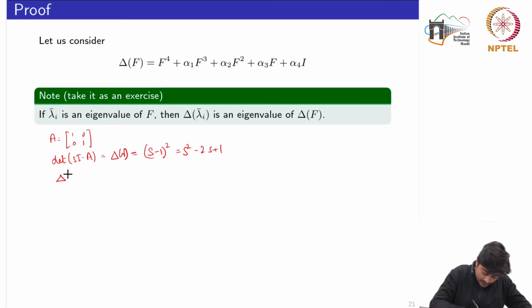Just for confirmation, we can verify that delta of A would definitely be equal to 0. So if I substitute S by the A matrix, we would have A square, and A square again would be identity, minus 2 times identity plus an identity. So it would definitely be 0.